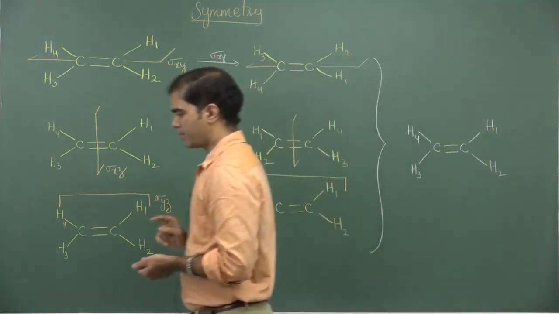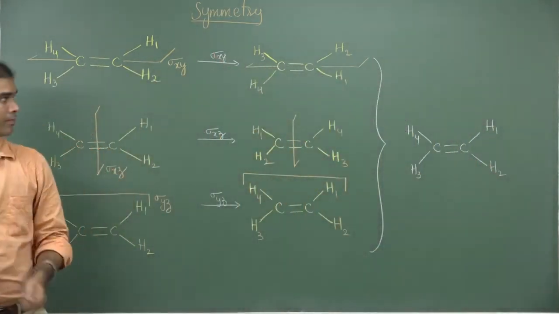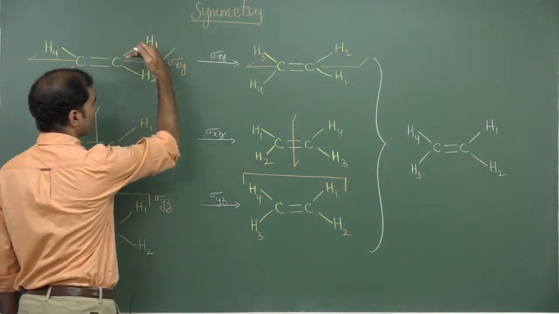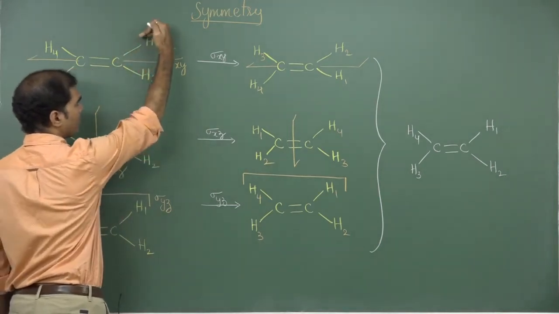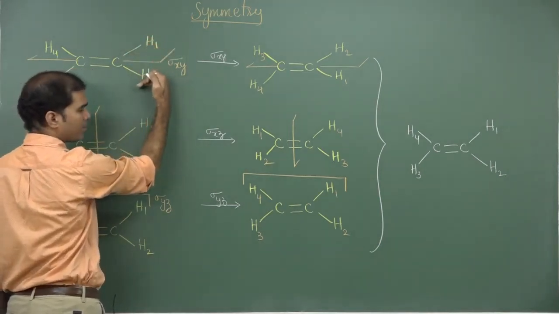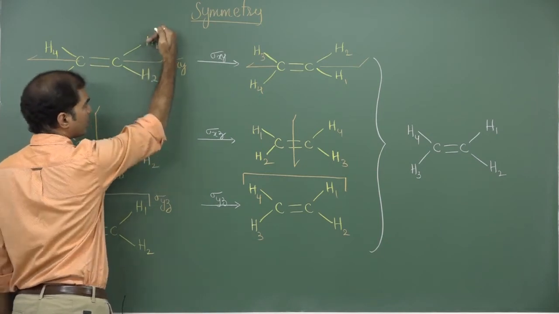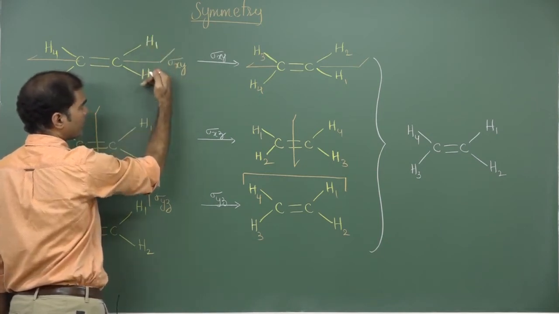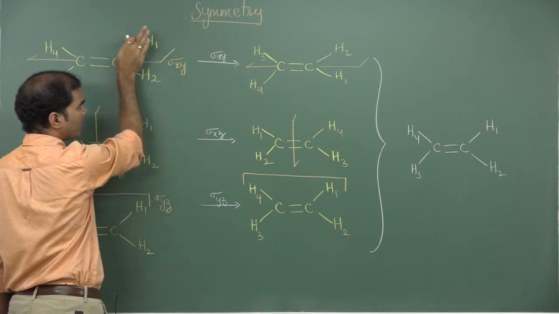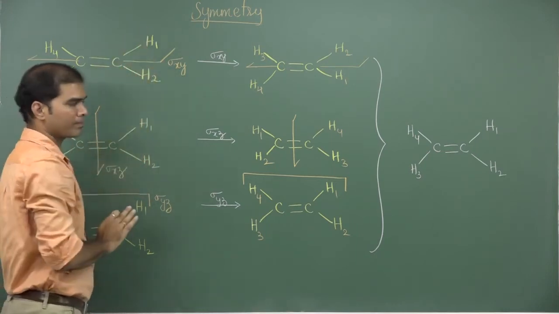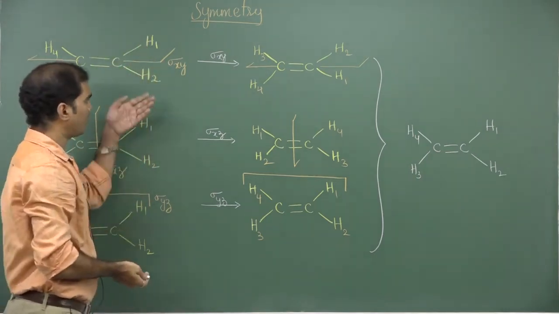In the first case, we will try to check. Suppose I am passing this plane, the above half is just reflecting below. Now when the above half is reflecting below, the question is: is the away half coming towards you?